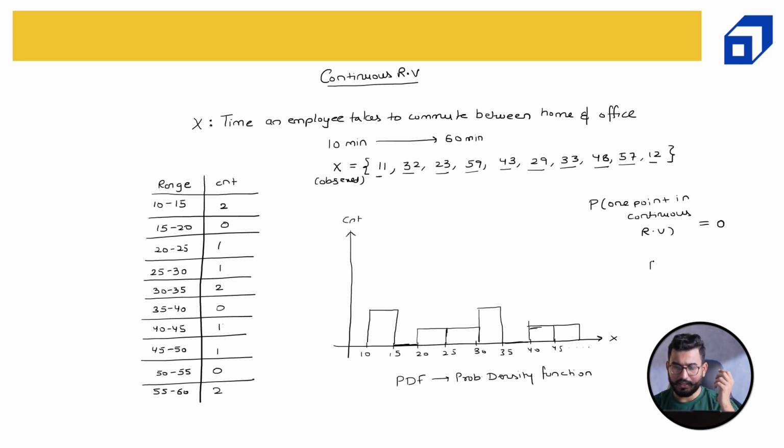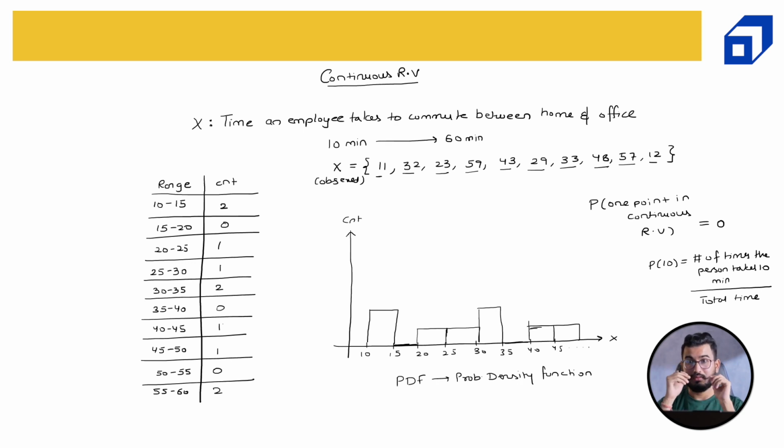The probability of 10 minutes would be the number of times the person takes 10 minutes divided by total time. So total time we know, total time is 60 minutes, but how many times the person has taken 10 minutes?